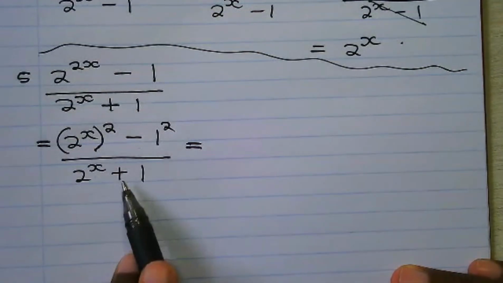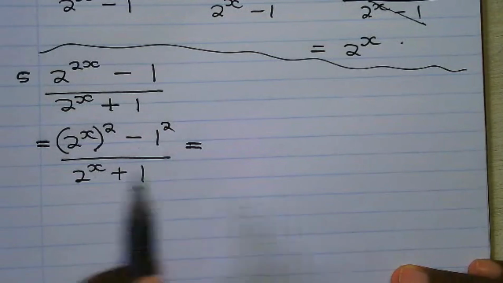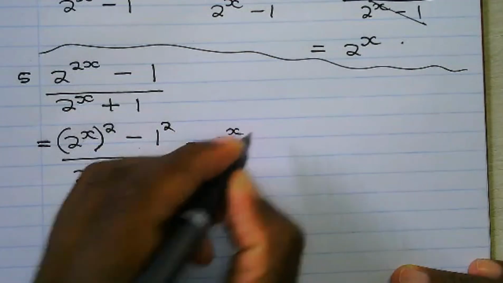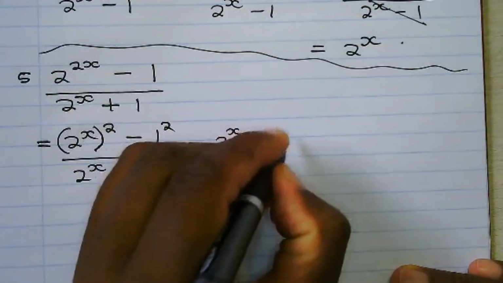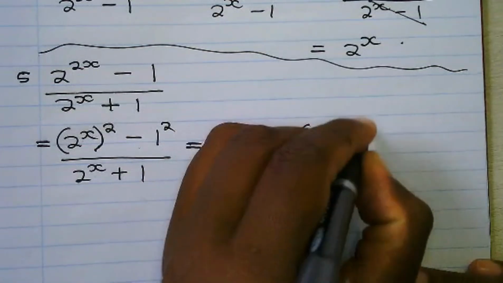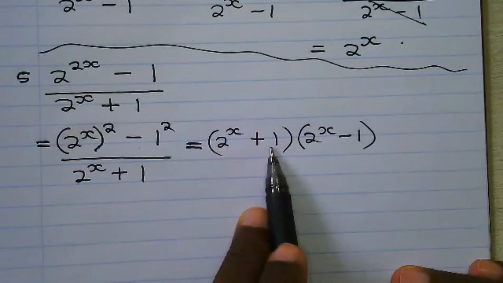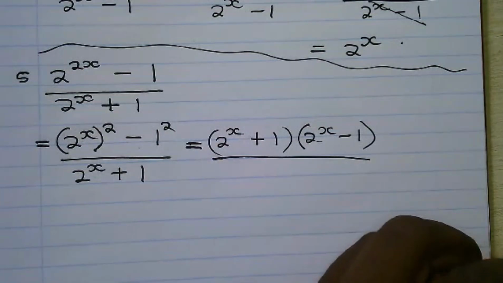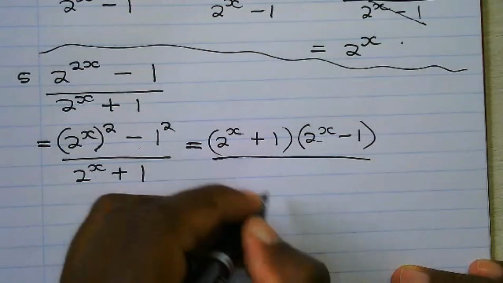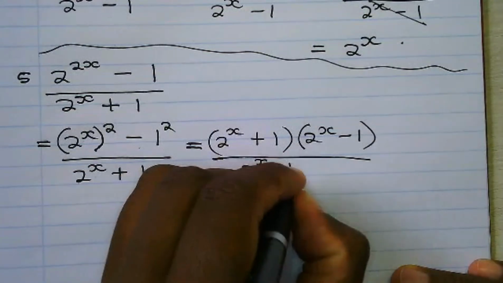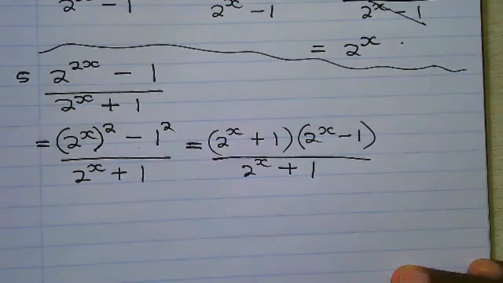The difference of 2 squares will give us an addition there. So this raised to that plus 1 and then minus 1. This is the factorization of the difference of 2 squares, and this is 2 to the x plus 1.